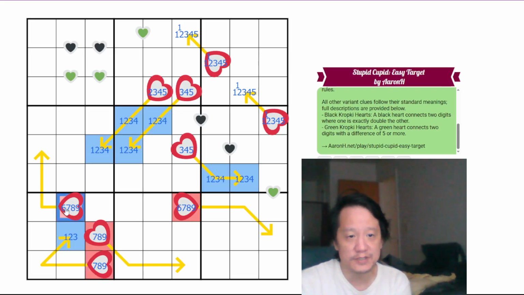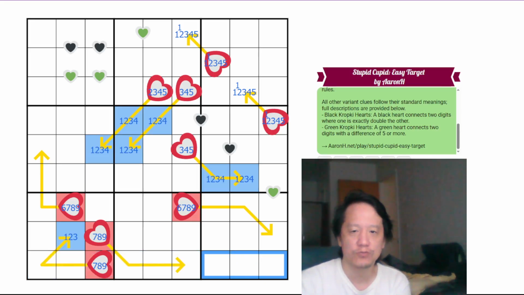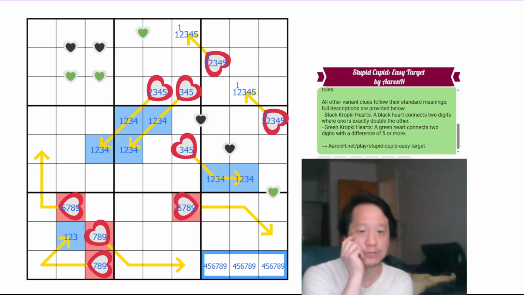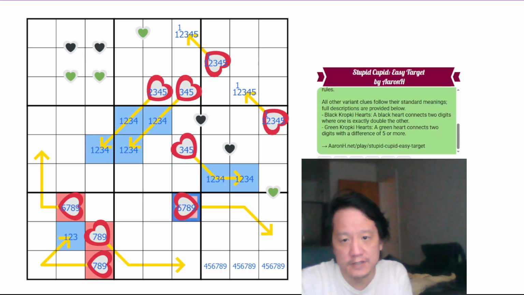That means either this is 6, or this is 6 here. We also know, again, we have 2 digits that are 3 or less here, 1 digit here that's 3 or less, which eliminates any digits from 3 or less in this row. So this has to be 4 through 9 there. So one of these, again, is a 6. So either that's 6 or that's 6.